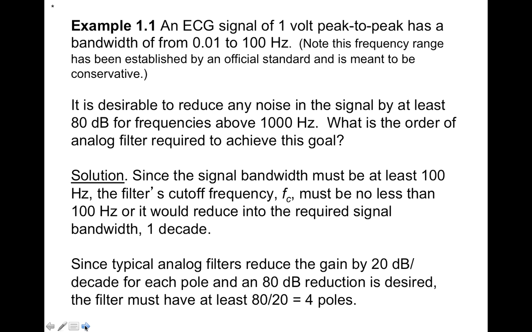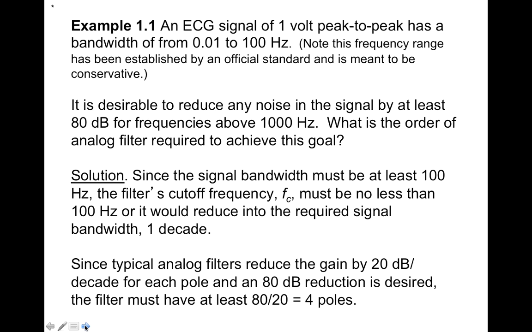So as an example, if we have an electrocardiograph signal that has 1 volt peak to peak, and it has a bandwidth that ranges from 0.01 to 100 hertz, we would definitely want to reduce some of the noise in the signal at frequencies that are above 100 hertz.